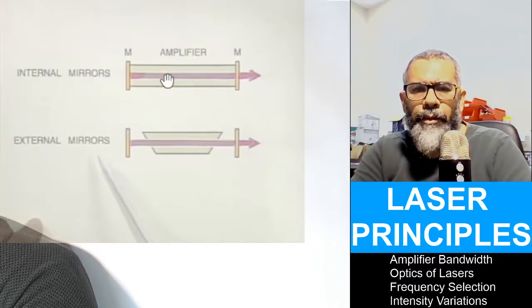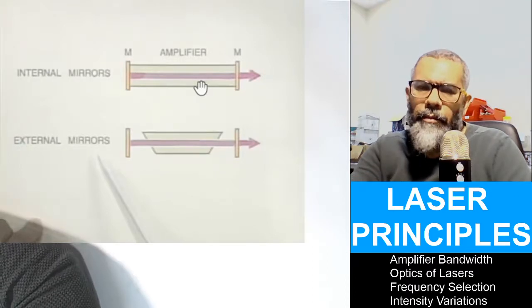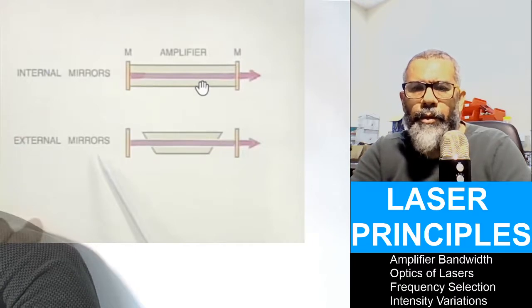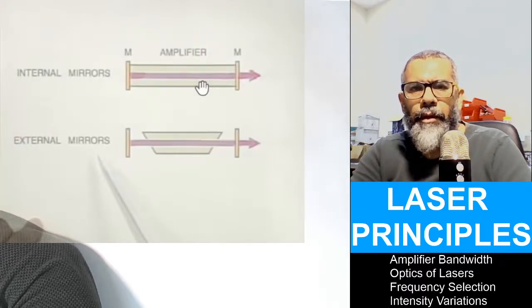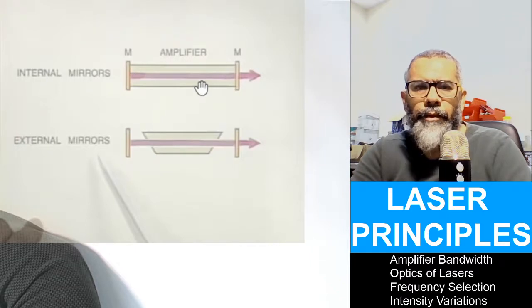Whenever there is an input to the amplifier, it either increases the amplitude of the light, in other words, it increases the intensity, or if you view the light as particles of photons, then it increases the number of photons.